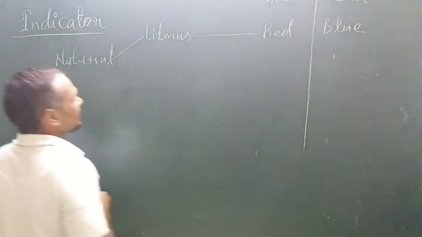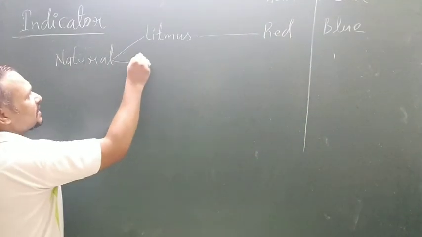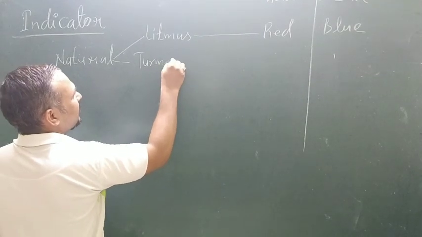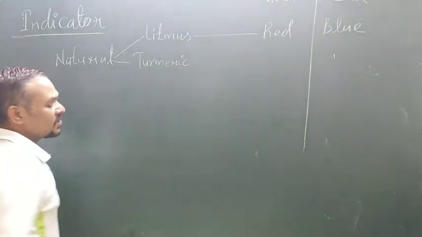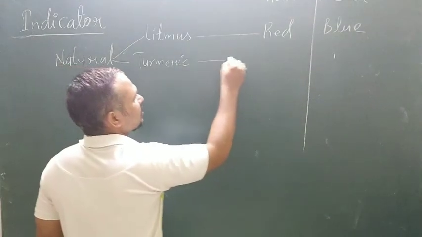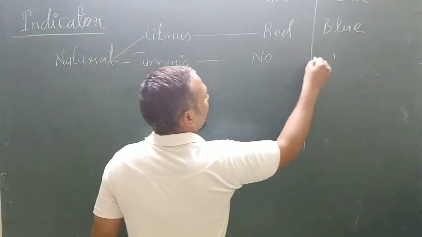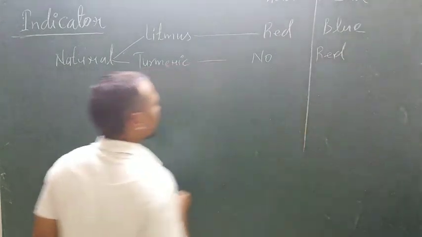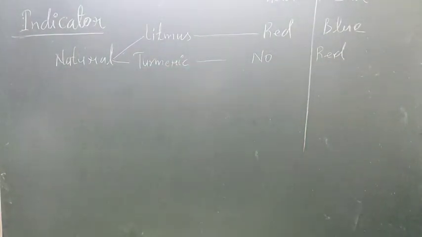This is the first. Just now we have seen turmeric. This is also a natural indicator, right? Now turmeric, there is no change, and here it turns into red. Clear, students?